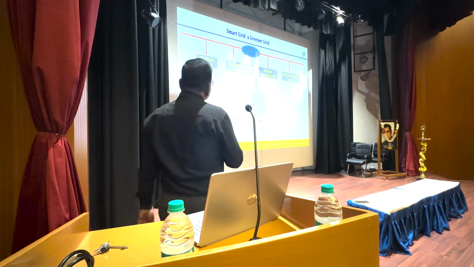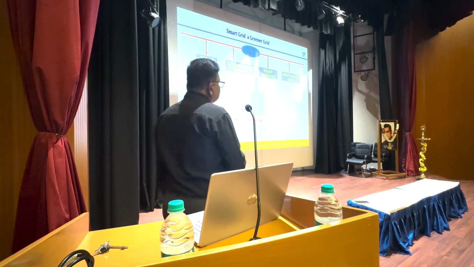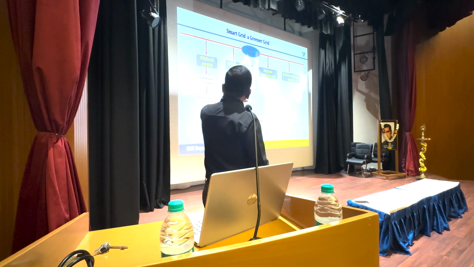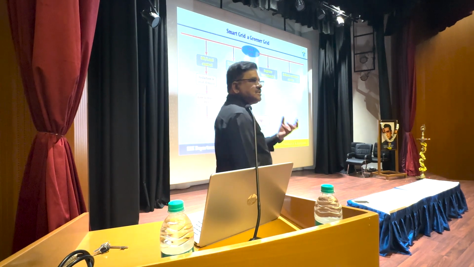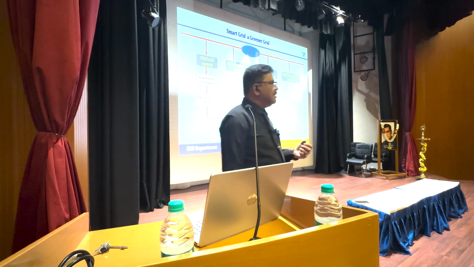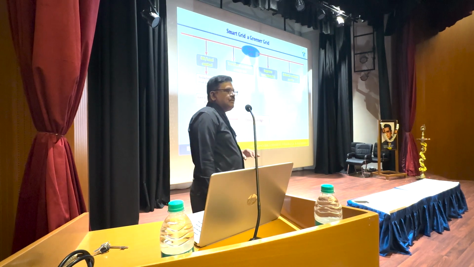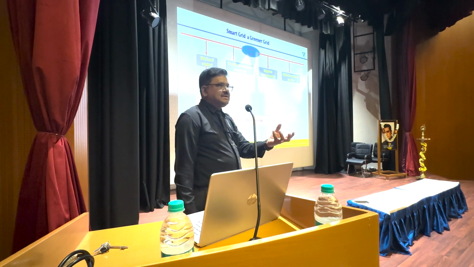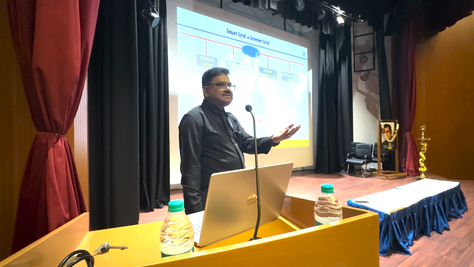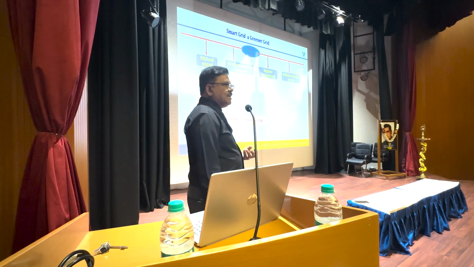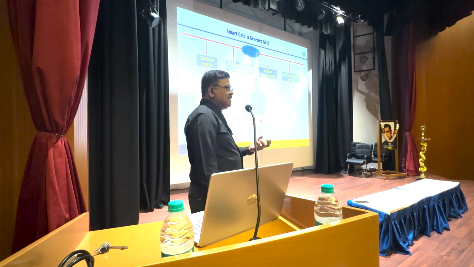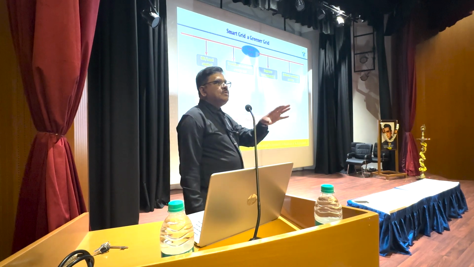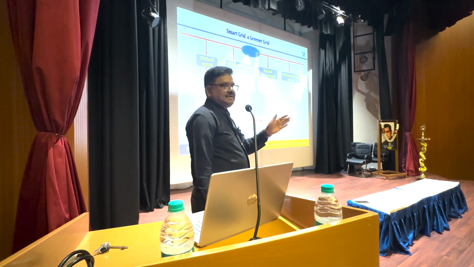Then transforming customer energy use. How will the smart grid transform customer energy use? The customers will get feedback, direct feedback and indirect feedback from their appliances. Direct feedback from their appliances, that is your mobile app. Indirect means through your billing system. In future it will be dynamic pricing.